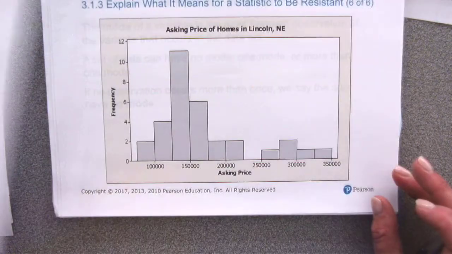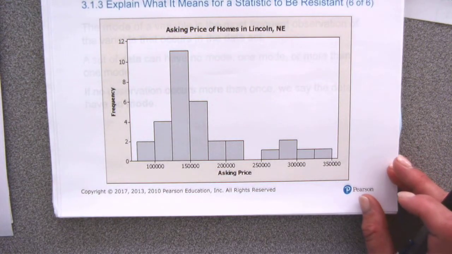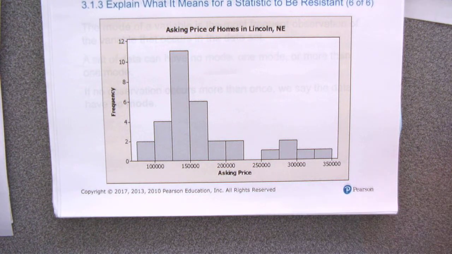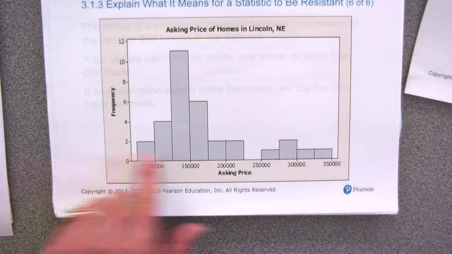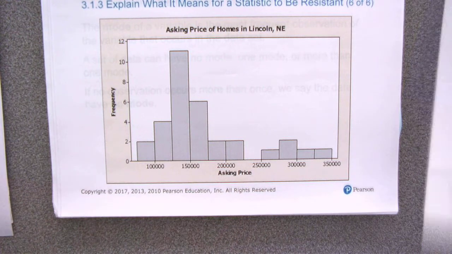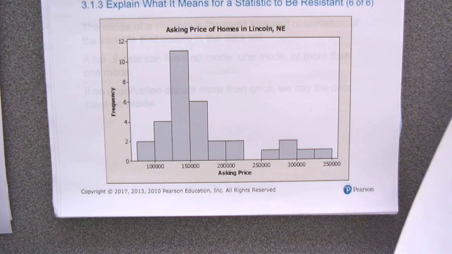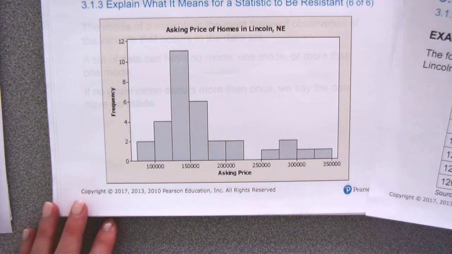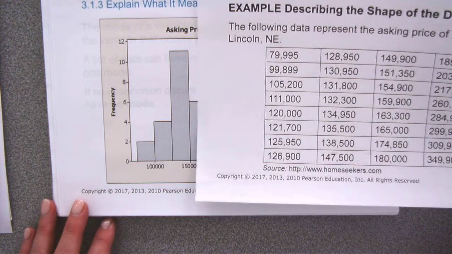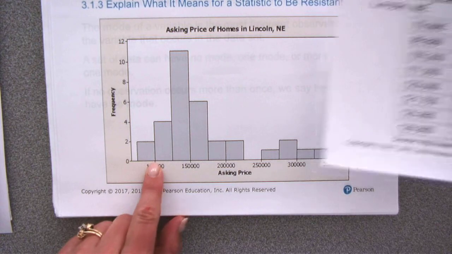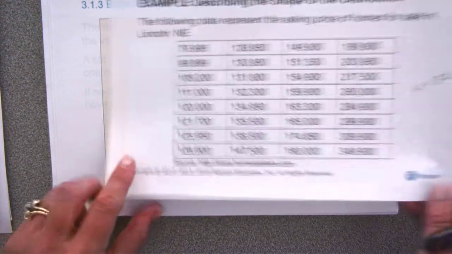Okay? All right, so if we draw a histogram, this is what the histogram would look like. Okay, so we've already talked about how we would draw a histogram. We could divide these into classes, so from 0 to 100,000, and then we would count how many are from 0 to 100,000.